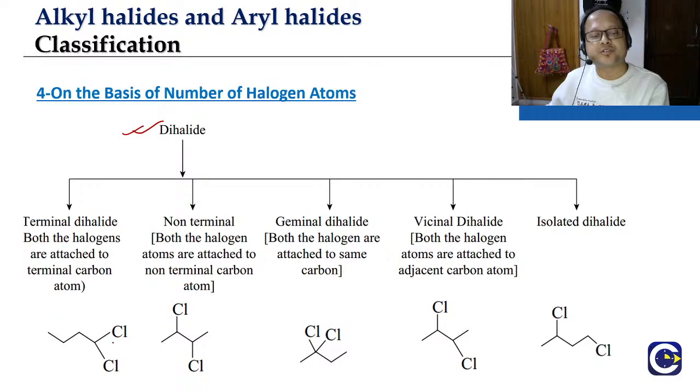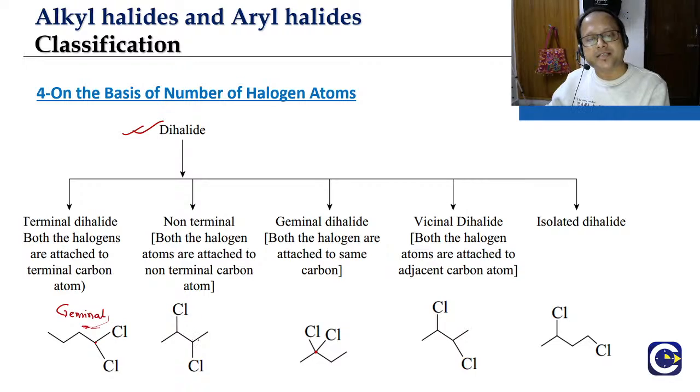If you have both the halogens on the same carbon, right, it can be terminal, and if it is inside somewhere, then it becomes non-terminal. So terminal, non-terminal, but both of them are geminal. They are also called geminal. Geminal means on the same carbon.